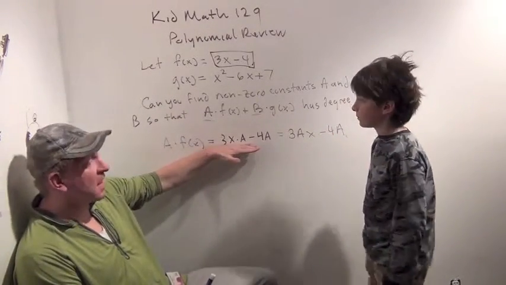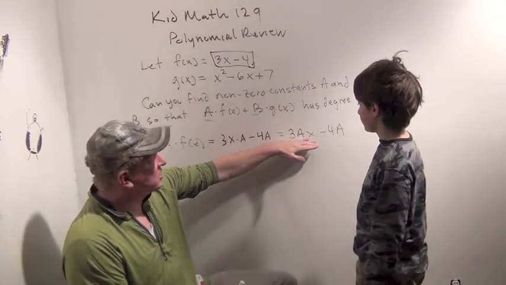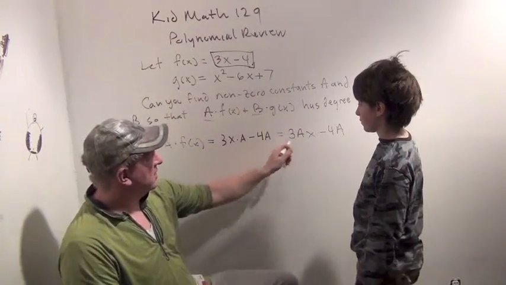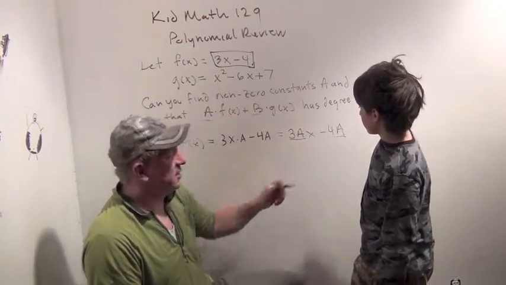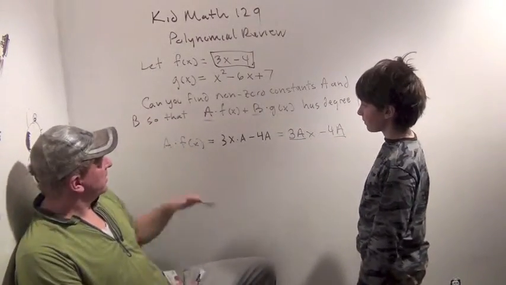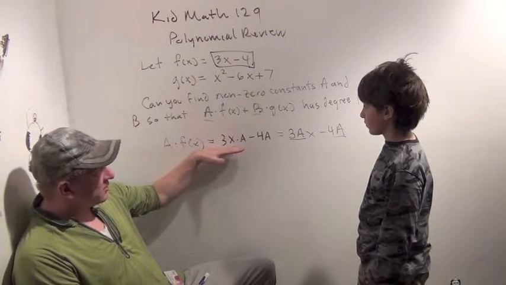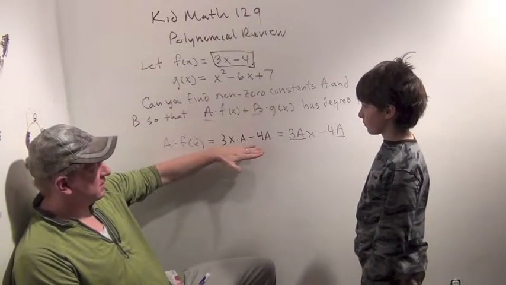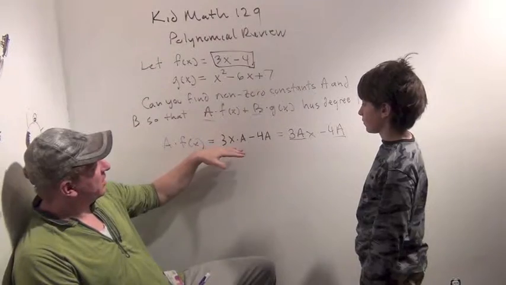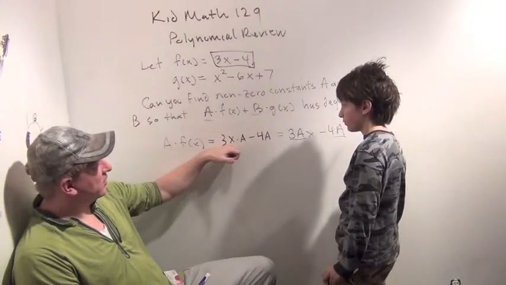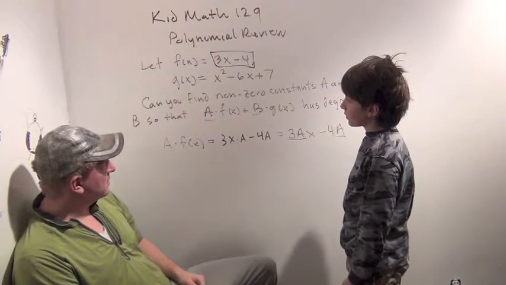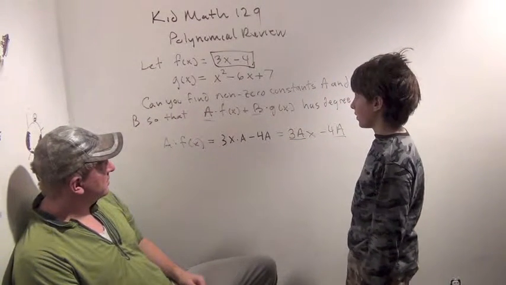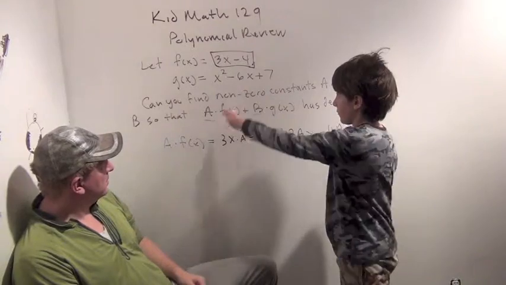But it's the same as this. This is just the convention. We'll write the constant term first, then the variable, and then here we just have the constant term. So you can see exactly what you said in words happens in the algebra. When you multiply by a constant, the degree of the polynomial doesn't get raised. So the only way we could do it would be to lower this degree.